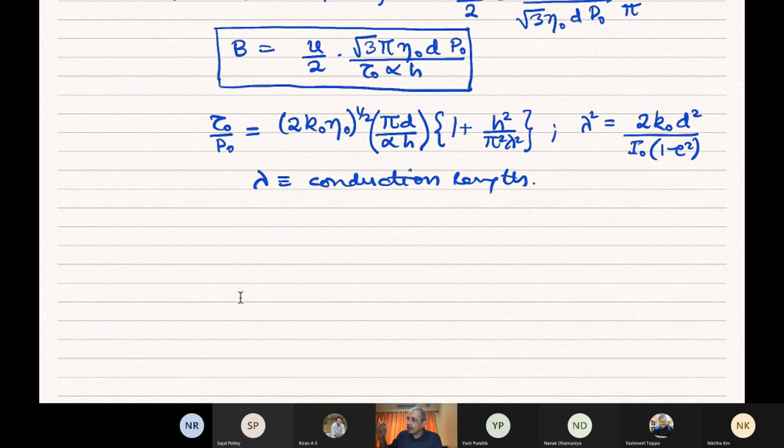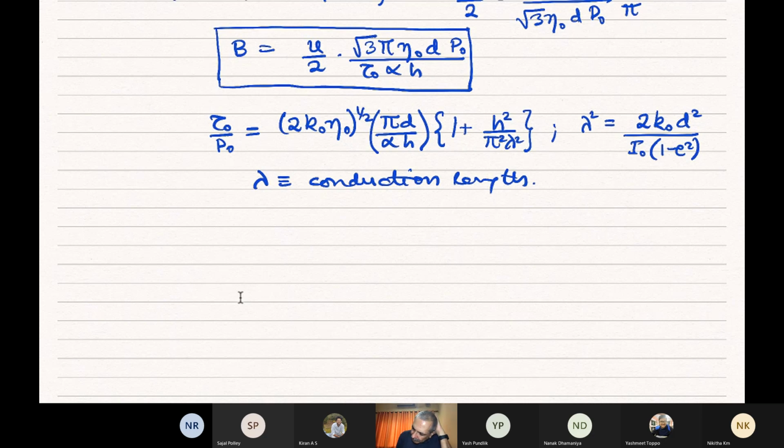So if you start with some energy at some point and then it is being conducted, but as it is being conducted, energy is also being dissipated and it's disappearing. So the maximum length over which energy can be conducted before it is lost is given by lambda. That's why it's called the conduction length.